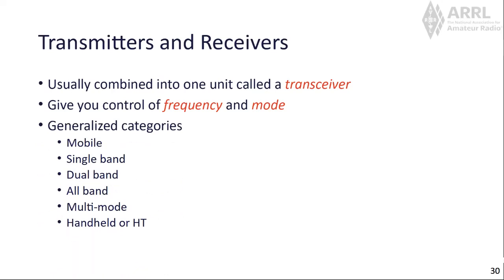Mobile, single sideband, dual band. That means like our 2 meter 440 FM radios. All band, that's a radio that covers everything from 160 to 10 meters or maybe 6 meters, like that 857 I have, but also covers 2 meters. You'd call that an all band radio.